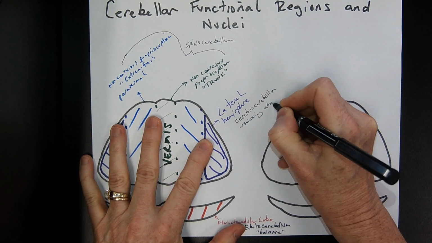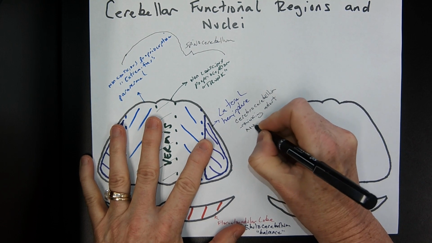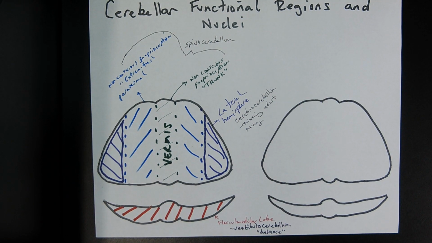It's not conscious, but that's the part where you're thinking about moving. Does anybody remember we talked about the premotor cortex and the supplementary motor area in front of the precentral gyrus? What does that have to do with? Motor planning. And you remember what fed into those areas? Cerebellum, the basal ganglia, all that stuff feeds information in.